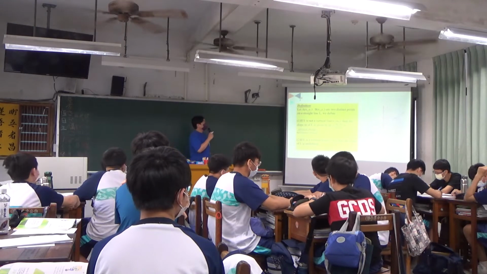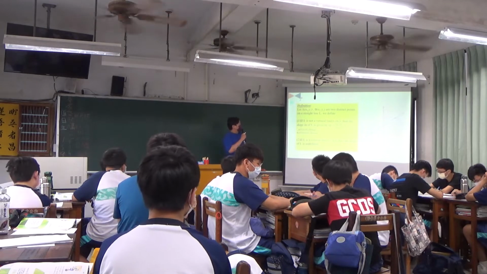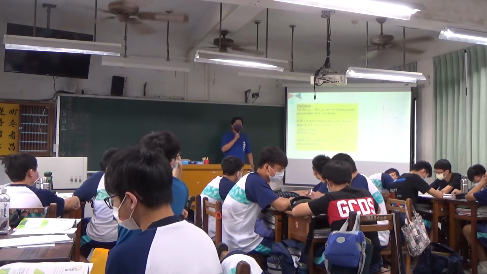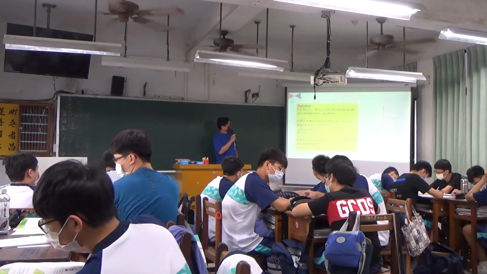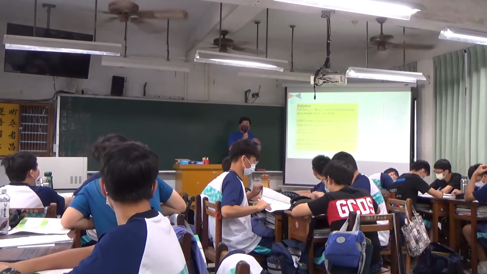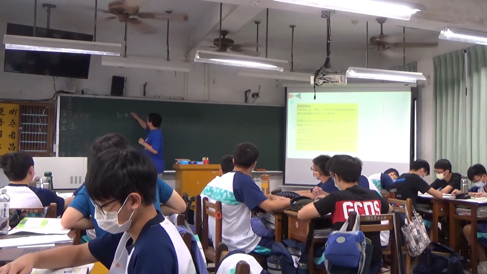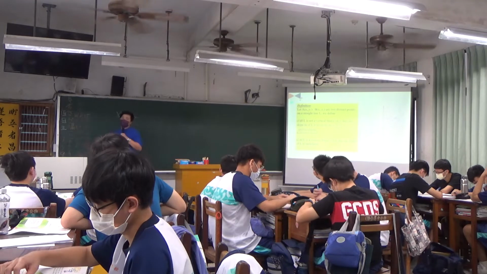Let A and B be two distinct points on a straight line L. First, if L is not a vertical line, then x1 is not equal to x2. Why?